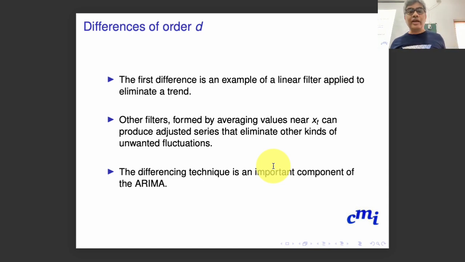Now, other filters formed by averaging values near xt produce adjusted series that eliminate other kinds of unwanted fluctuations. The differencing technique is an extremely important component of the ARIMA model.